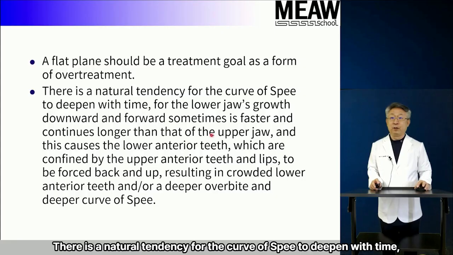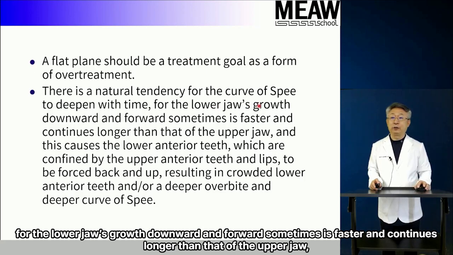There is a natural tendency for the curve of Spee to deepen with time, for the lower jaw's growth downward and forward sometimes is faster and continues longer than that of the upper jaw.